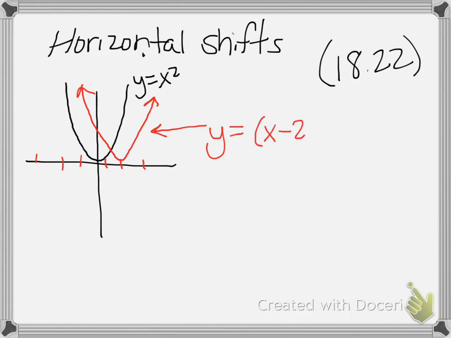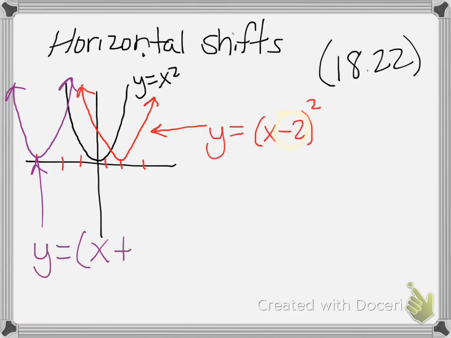x minus 2 squared. Now this becomes a little bit tricky because I always forget it shifts to the right. It's minus 2, but it shifts to the right. Okay? And if I shift it left, let's say 3 units, that's y equals x plus 3 squared.